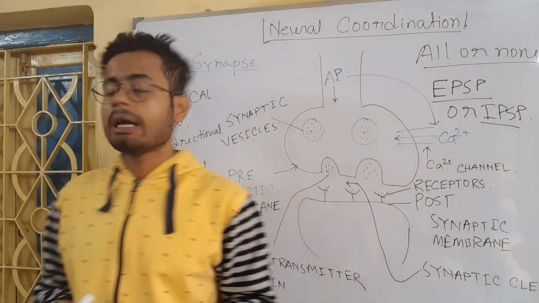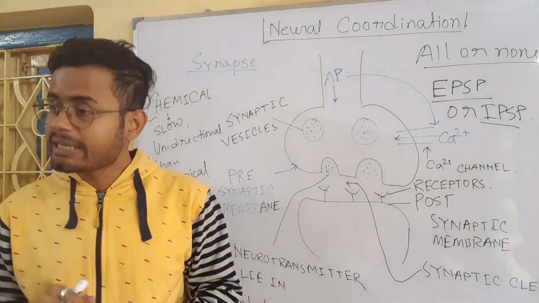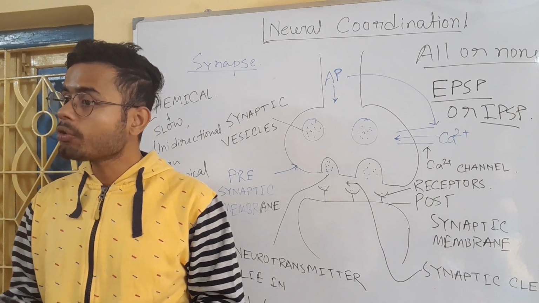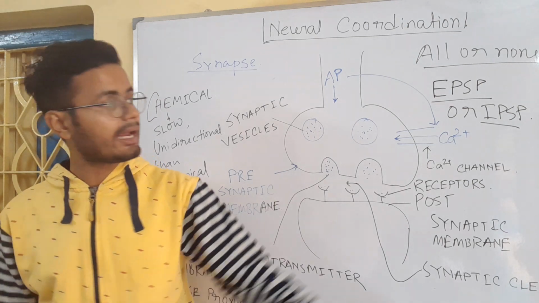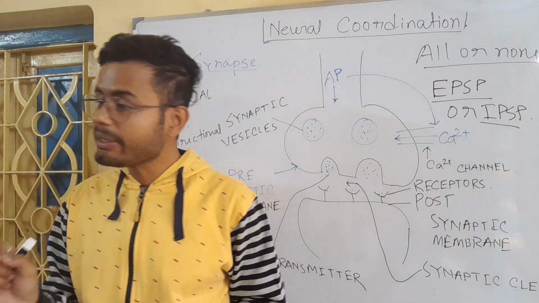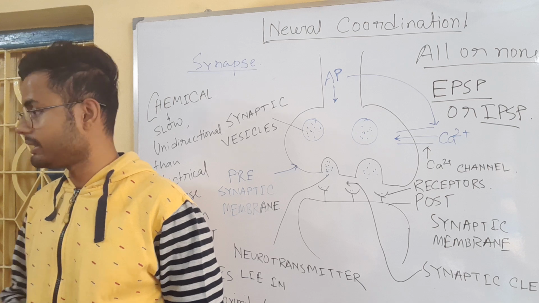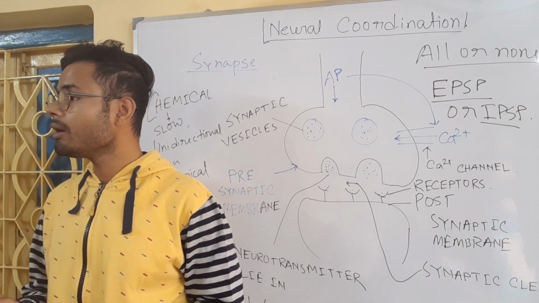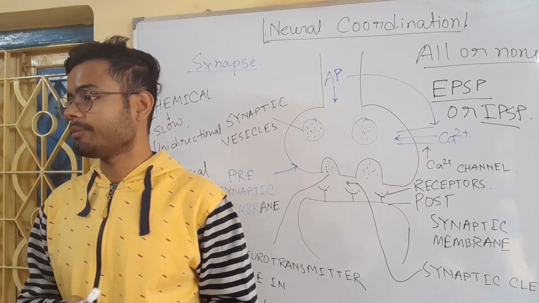Now, what does EPSP stand for? Excitatory postsynaptic potential, and IPSP is inhibitory postsynaptic potential. These two potentials occur depending on the nature of the neurotransmitter.